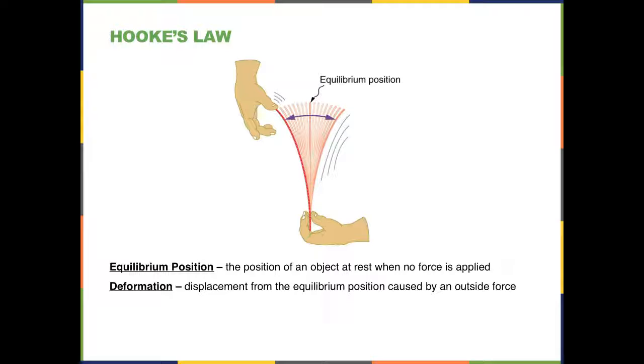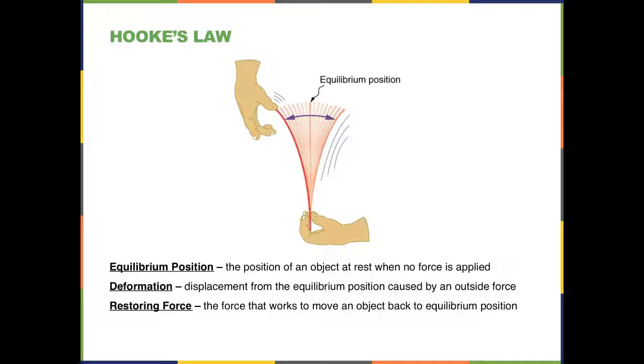When you move something from the equilibrium position to some other position, that displacement is called deformation. And that requires an outside force. Once deformation occurs, there's a force that wants to return the object to its equilibrium position.